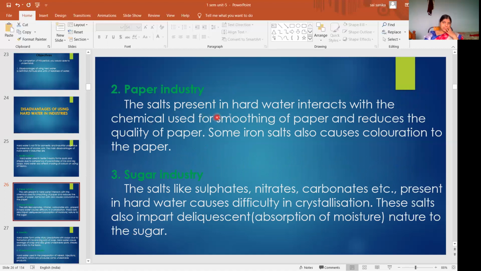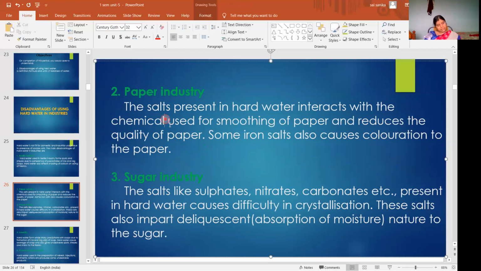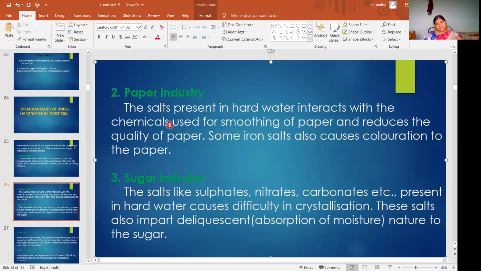So the salts present in hard water interact with the chemicals used for smoothing of paper and reduce the quality of paper. Some iron salts also cause coloration to the paper. So if you use hard water, what happens?